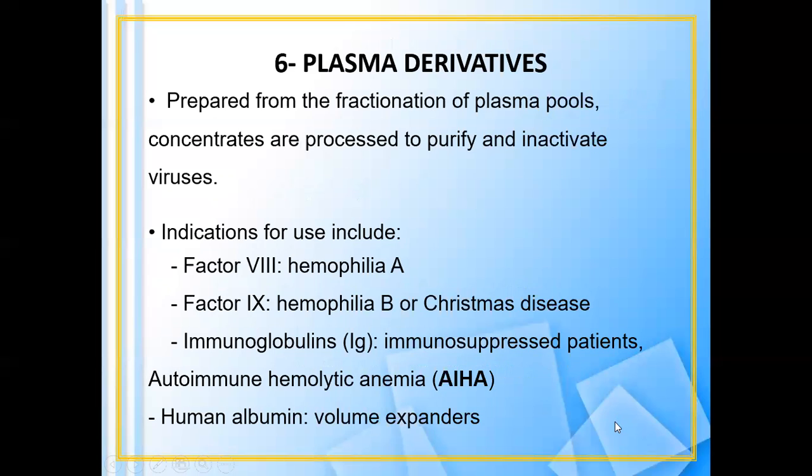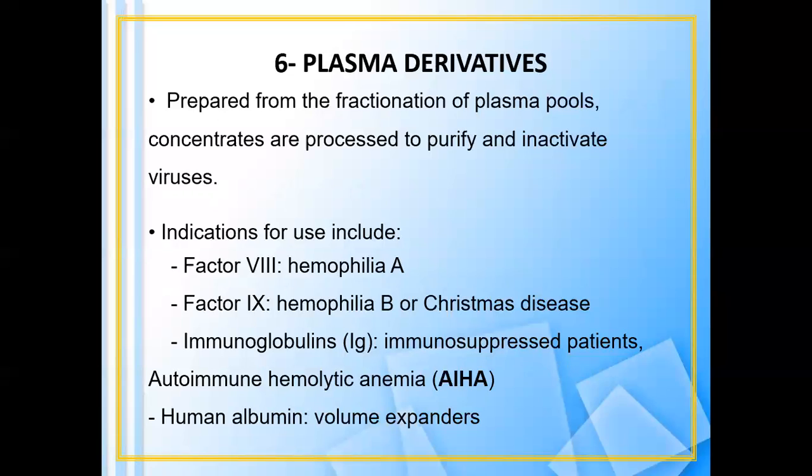We have another kind of plasma other than the fresh frozen. We have plasma derivatives, which are prepared from the fractionation of plasma pools. Concentrates are processed to purify and inactivate viruses. We can separate the plasma by ultracentrifugation.